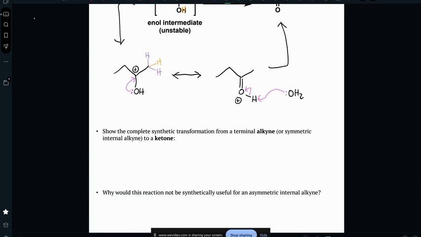So in other words, we take our alkyne, we add water with mercury 2 plus and acid, and the result is to make a ketone. So if I have 1, 2, 3, 4 carbons here, I get 1, 2, 3, 4. I'd get a ketone on carbon 3.